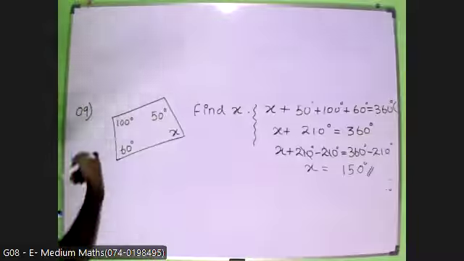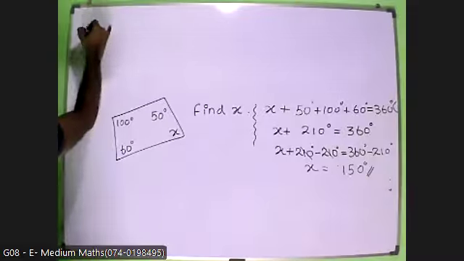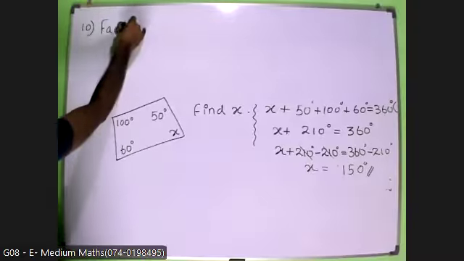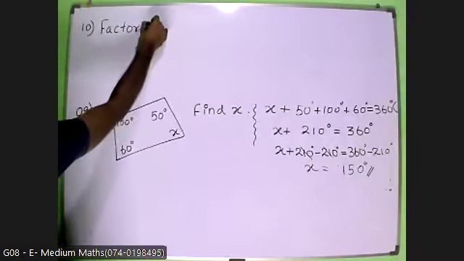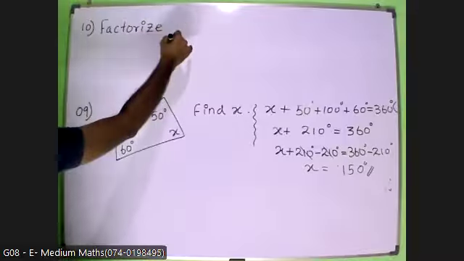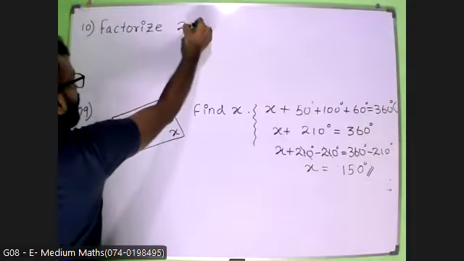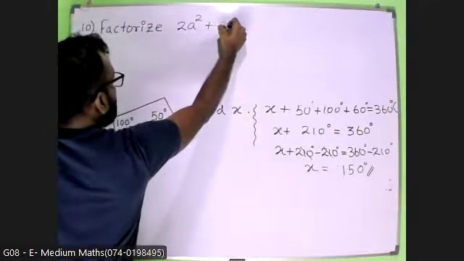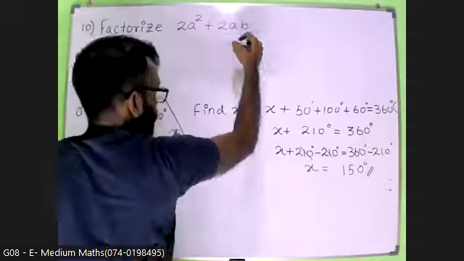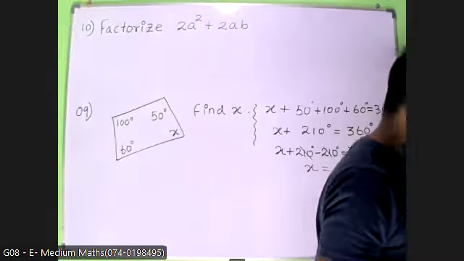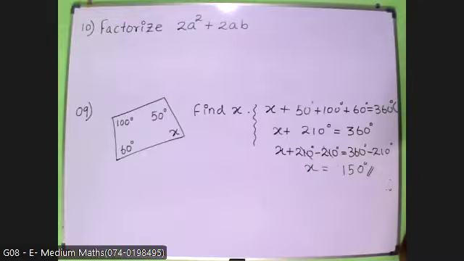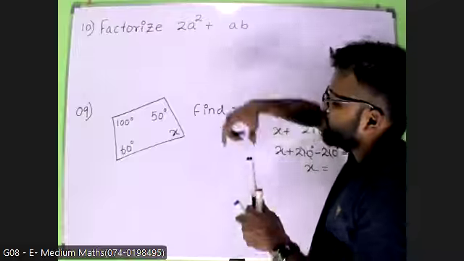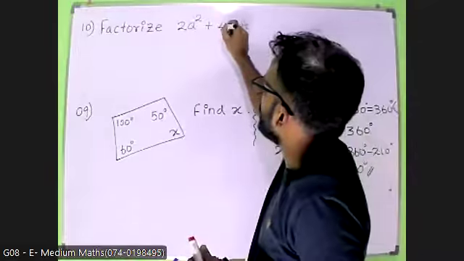Right, final one. Factorize 2a squared plus 4ab.